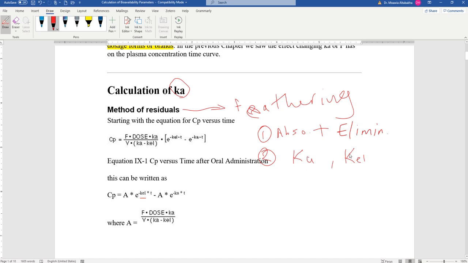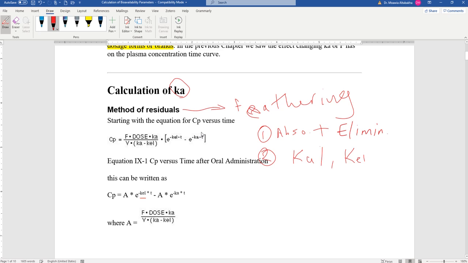Usually Ka is much higher than Kel, as the door is usually much bigger than the window, and this is important for the drug to accumulate in the body. Otherwise we will not have sufficient concentration in our system if Kel is much higher than Ka.